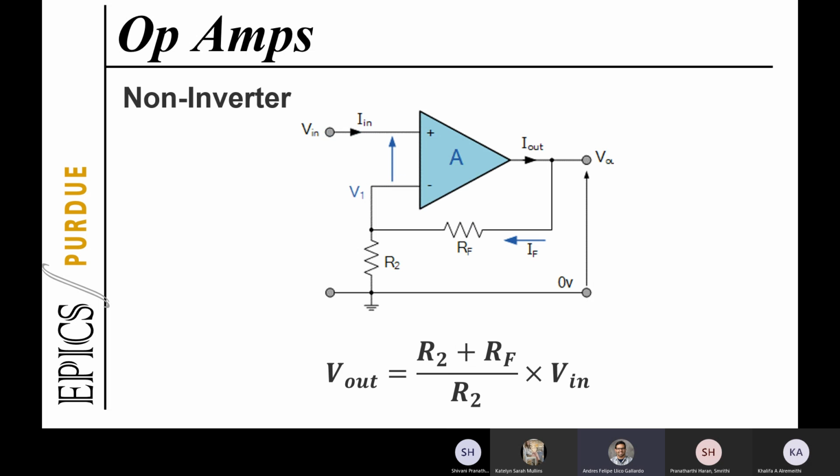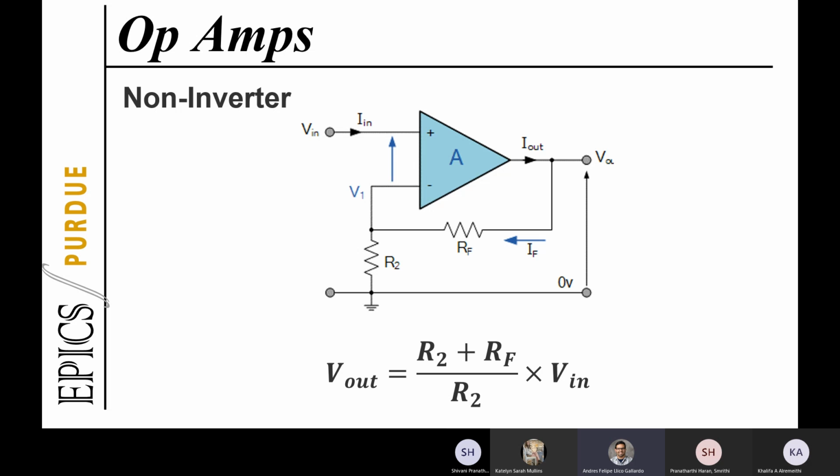So my input is coming on the positive terminal, and my negative terminal now has this loop with this resistor, and the resistor that used to be connected to 0 on the positive terminal is now put here in the negative terminal.